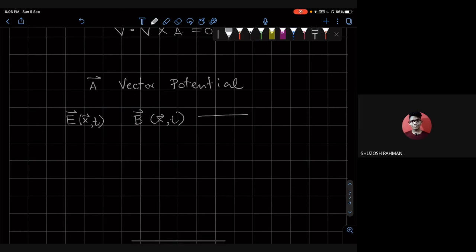And then we are going to trade them in. So I'm using a notation from chemistry. We are going to trade them in for four variables: the electric potential and the magnetic vector potential.